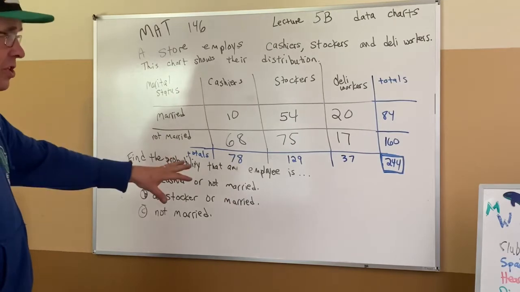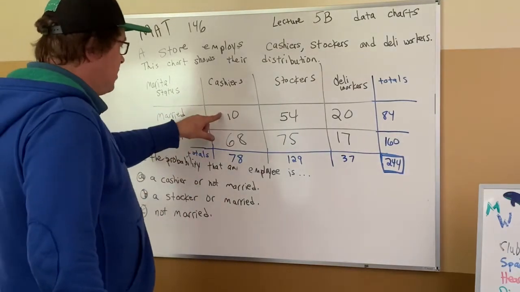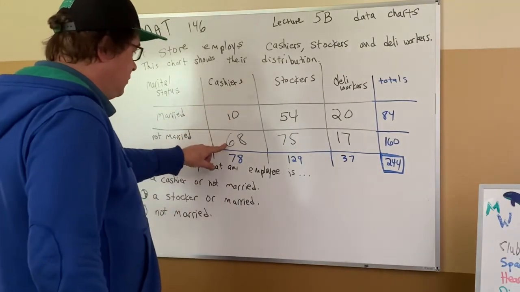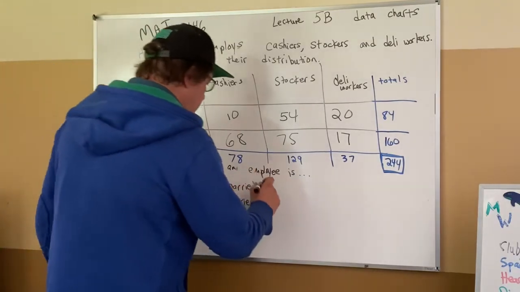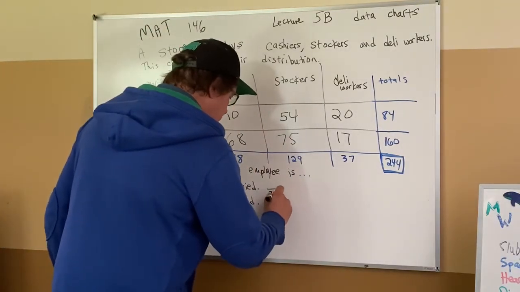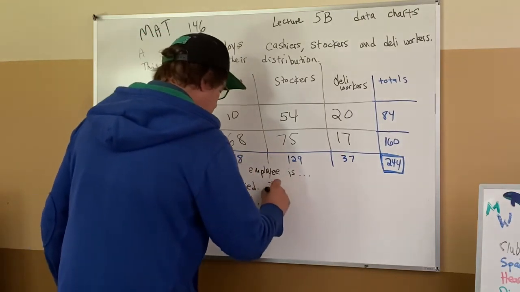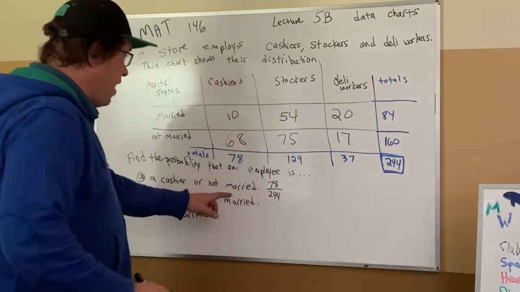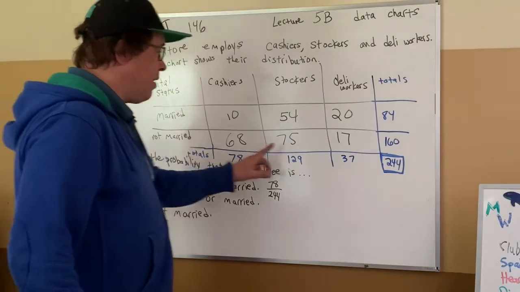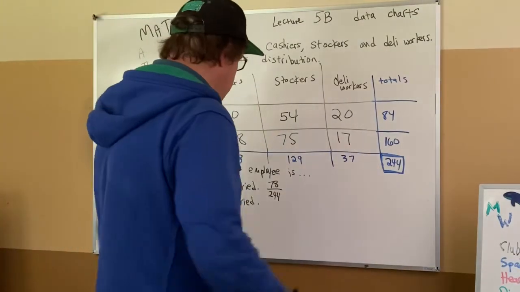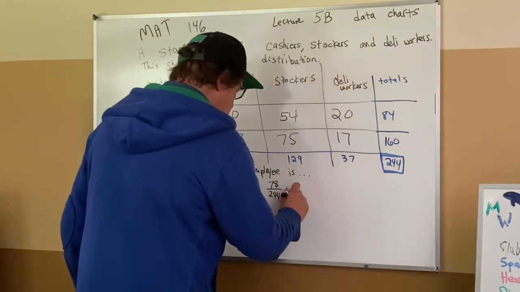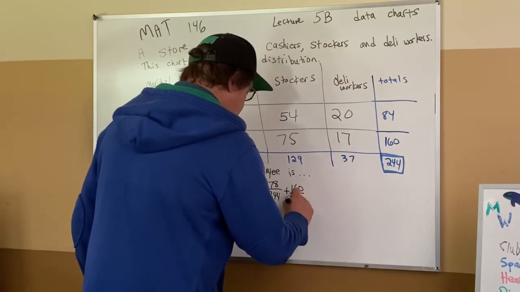So we'll get the cashiers. With the cashiers, we got 10 and 68 for 78 out of 244. So 78 out of 244 cashiers. Or not married. So not married, we have 160 out of 244.